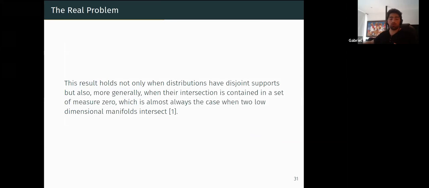What can be shown, and what's the real issue here, is that when distributions have disjoint supports, or their intersection is contained in a set of measure 0, all of these distances are just going to fail, because they are stronger metrics than the Wasserstein distance, and thus our sequences of probability distributions are not going to converge easily on them.